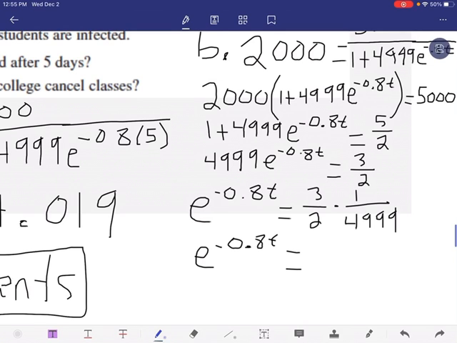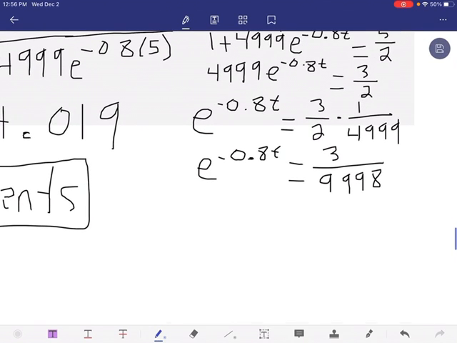And then 2 times 4,999 is going to be 9,998. Well, now my e value is by itself, so we can take the natural log of both sides.